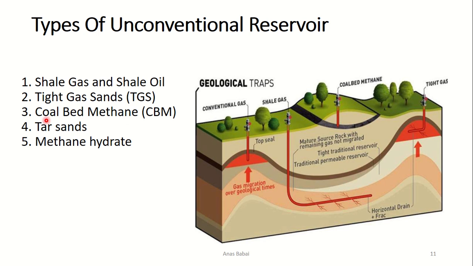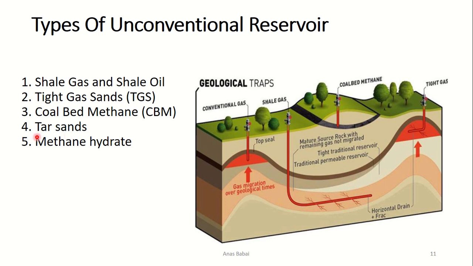As we know, coal is formed by the decomposition of organic material, and this decomposition process creates methane gas. This methane gas is trapped within the coal, and it can be extracted later through drilling in the coal pits.